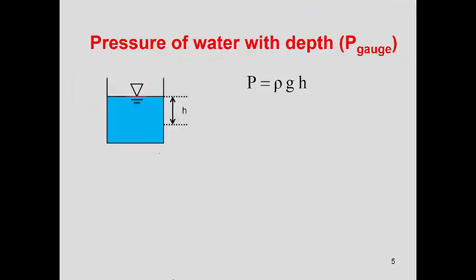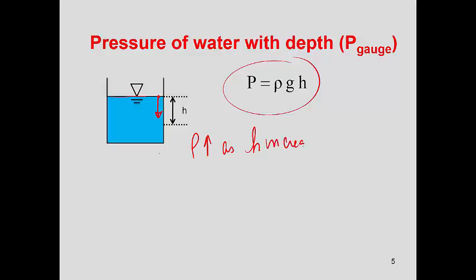So we know already the pressure of water with depth is rho g h, and this seems kind of redundant at this point, but you'll see how whenever we deal with manometers, these can get confusing. So here is our pressure, and as we go down below the surface, the pressure increases as the depth increases.